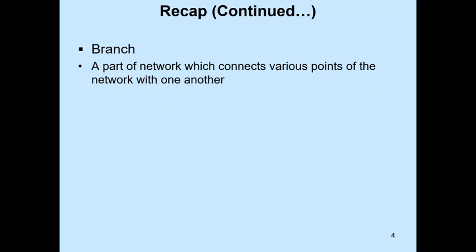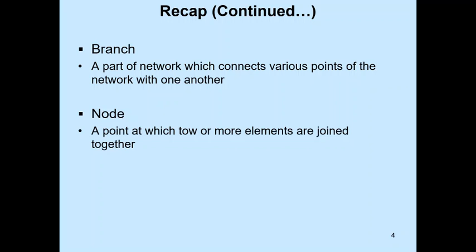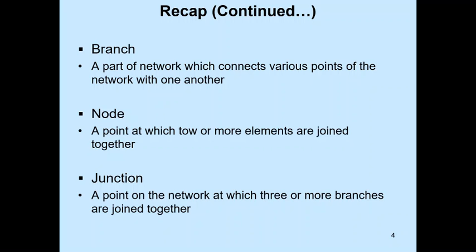Node. A point at which two or more elements are joined together. A junction. A point of network at which three or more branches are joined together is called a junction.